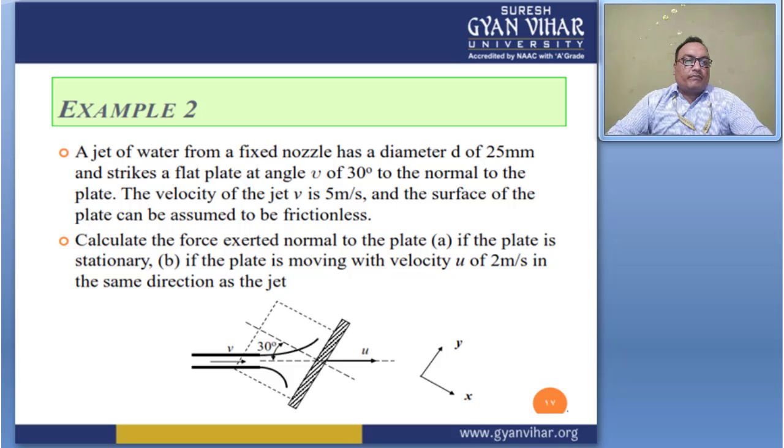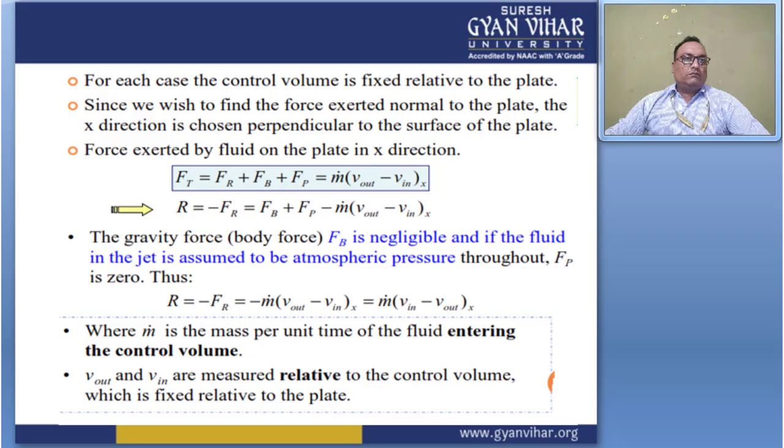So we solve this question next. For such a case, the control volume is fixed relative to the plate, since we wish to find the force exerted normal to the plate, and the x direction is chosen perpendicular to the surface of the plate.